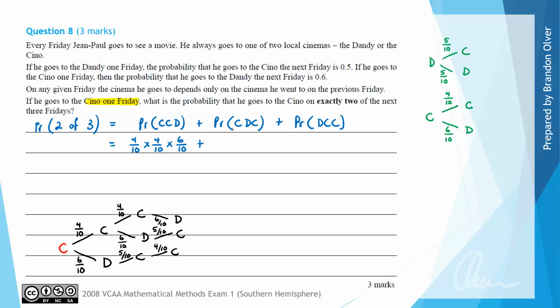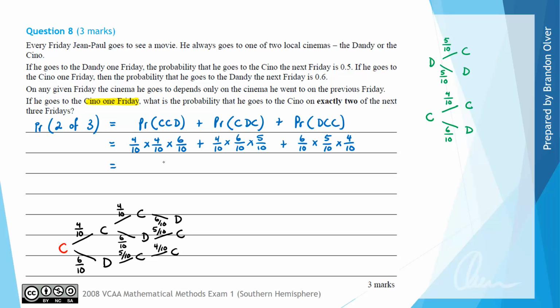And then the probability he goes C, D, C is 4/10 times 6/10 times 5/10 if we go along that branch. And lucky last, if he goes DCC, then it is equal to a 6/10 times 5/10 times 4/10.